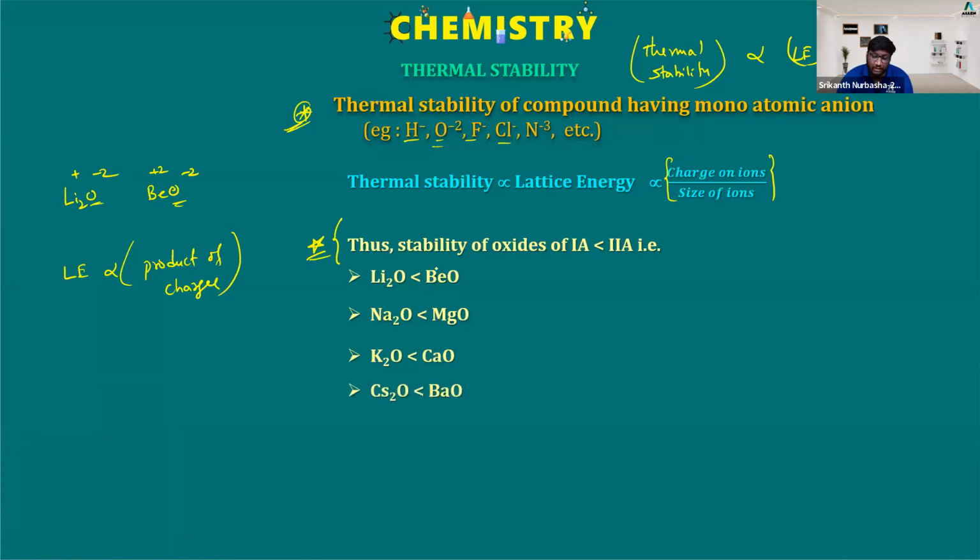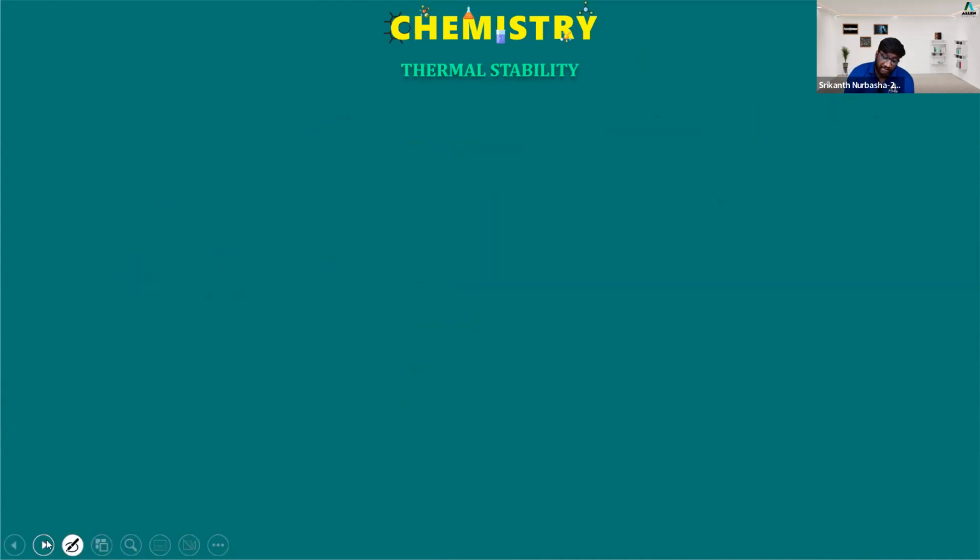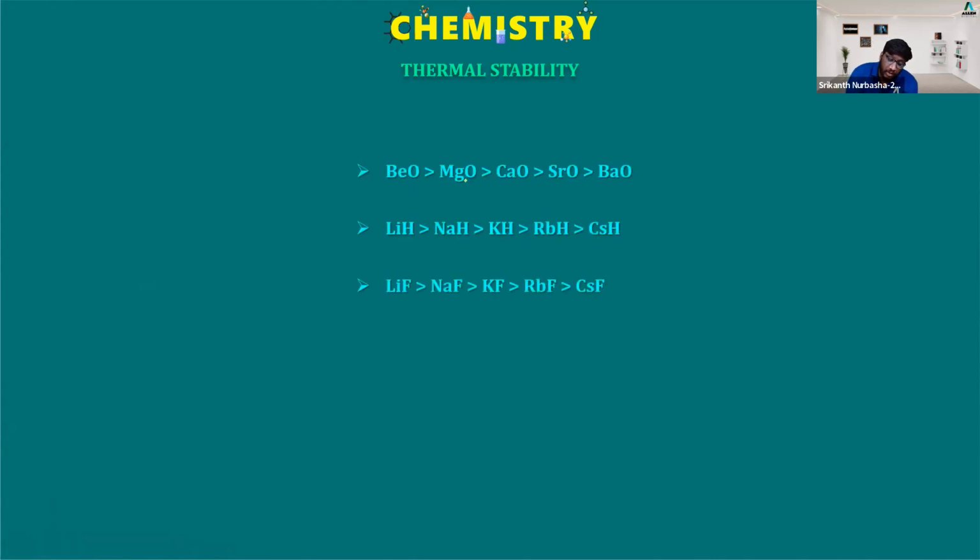Li2O is less stable when compared to BeO, Na2O less stable when compared to MgO, K2O and CaO, Cs2O and BaO, the same order. Yes or no? Now if you try to compare BeO, MgO, CaO, SrO, BaO, what is the common ion? O minus 2 ion.